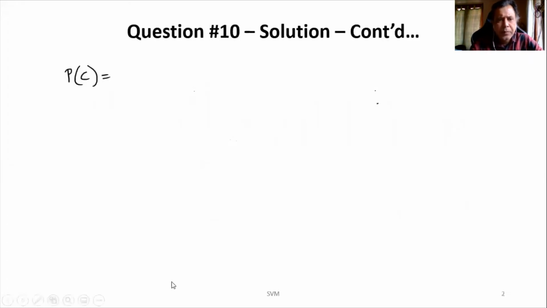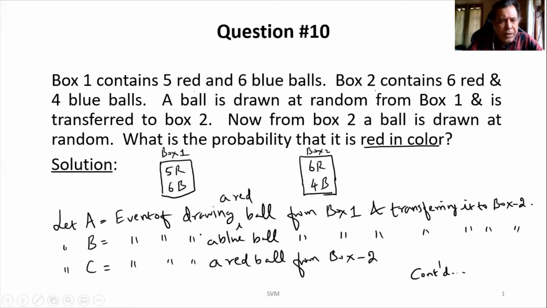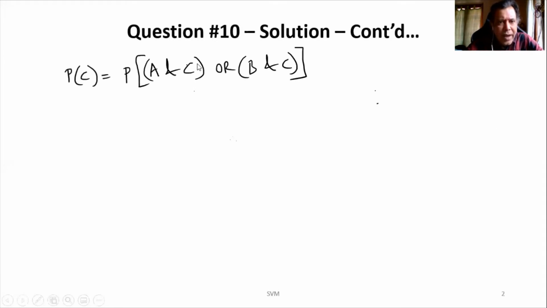It is like probability of A and C or B and C. Now, if event A happens, it will prevent event B from happening, and if event B happens, it will prevent A. Same is the case here: if A and C happen, it will prevent the other from happening.